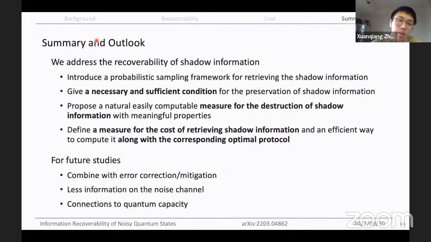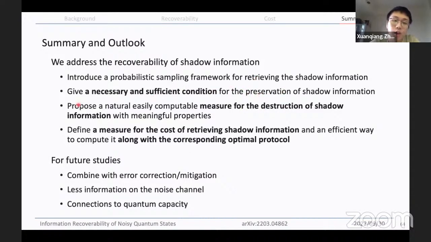So to summarize our results, we address the problem of shadow information recoverability by introducing a probabilistic sampling framework for retrieving shadow information. Within this framework, we arrive at a necessary and sufficient condition for a piece of shadow information to be preserved or equivalently to be recoverable.